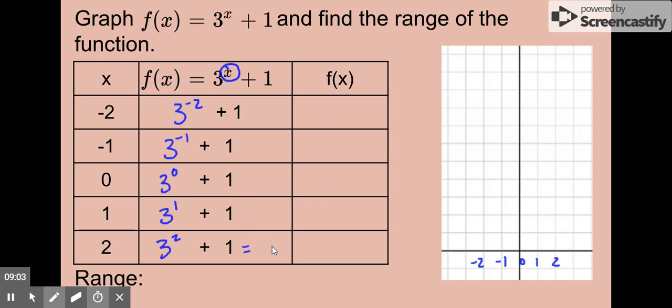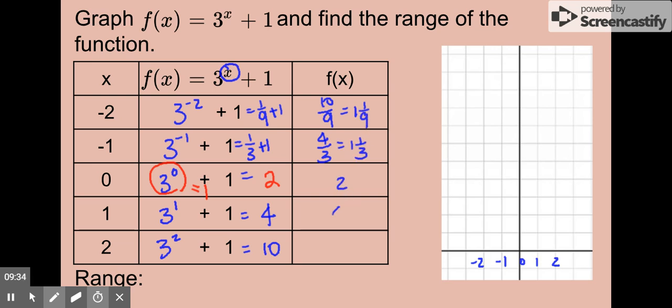Let me go from the bottom. 9 plus 1, 10. 3 plus 1, 4. And this one is anything to the 0 power, 1, so it should be 2. And this is 1/3 plus 1, so 4 over 3. And this is 1/9 plus 1, so 10 over 9. So it's 1 and 1/9, 1 and 1/3, 2, 4, 10.